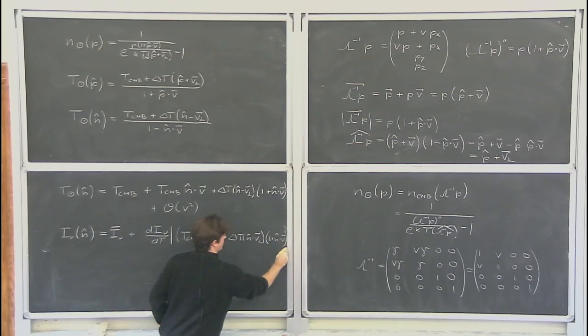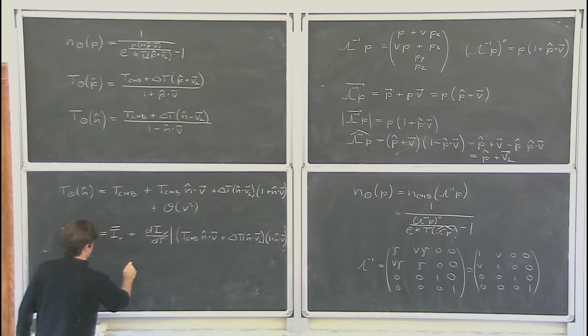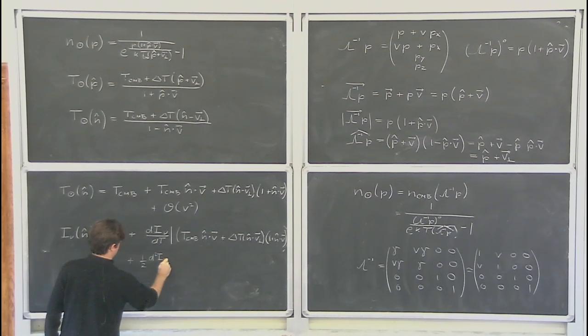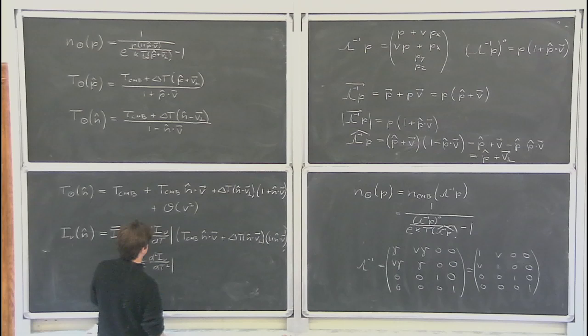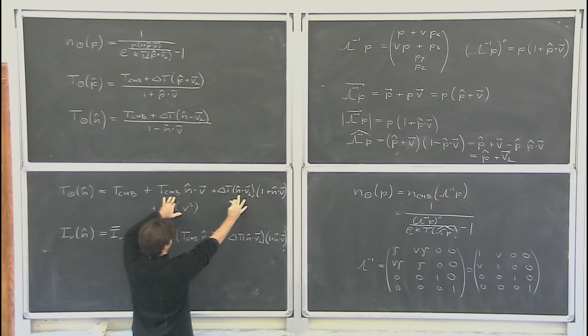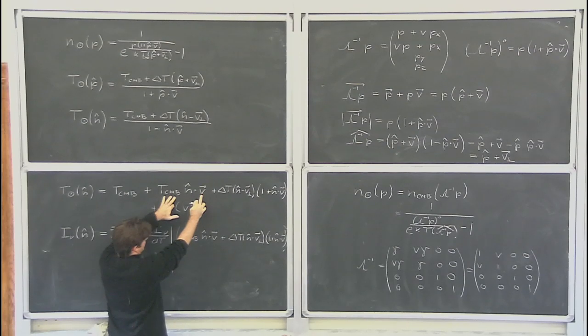So that's at first order, and then there's also a contribution, if I expand to second order, of 1/2 the second derivative of that thing, dt squared, evaluated at the CMB temperature. And then if I square this, it's of second order in velocities, which I'm not keeping.